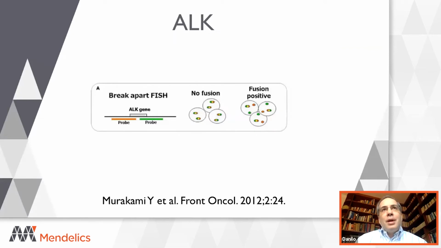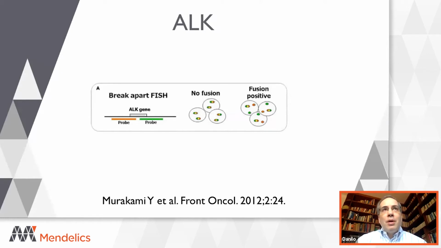But if I change the disease, I now need to know the mechanism of the disease to look for it using the same technique. So if we want to find ALK fusions in lung cancer, for example, we need to use two probes in FISH, but these two probes will work in a different way.